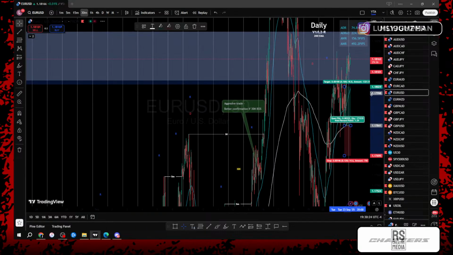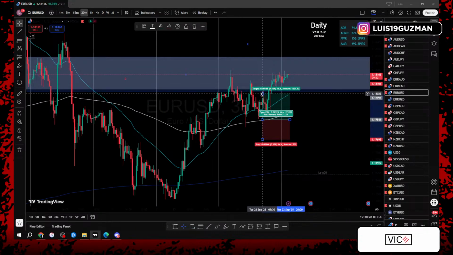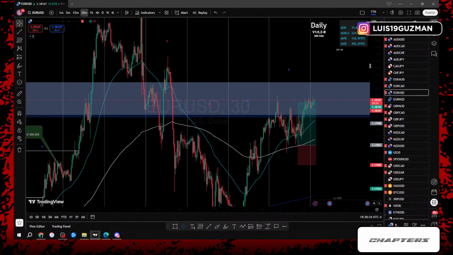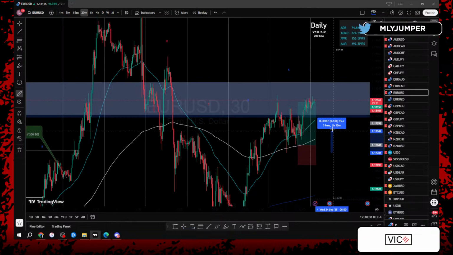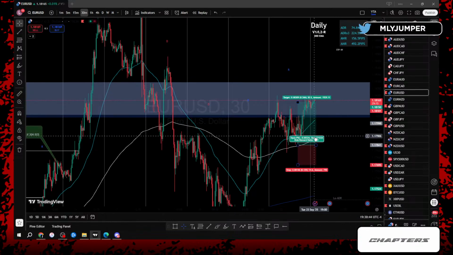Not horrible, right? But based on the TPs that we would have had, what was TP for EURUSD? 49 pips. Price didn't even hit today.